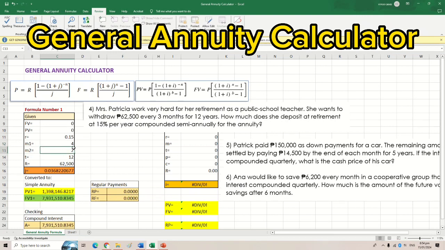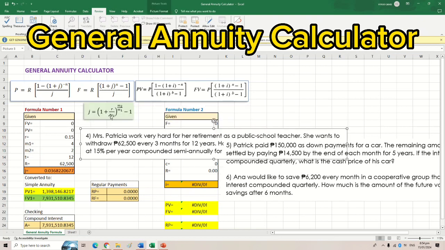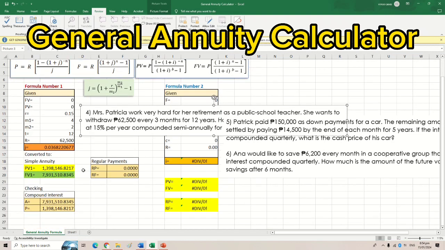I think all the values are already put down here, and we have the value of our J. The J comes from this formula. And then we're actually looking for the present value. This is the amount that she needs to produce, so that she will receive the 62,500 in the future every 3 months.